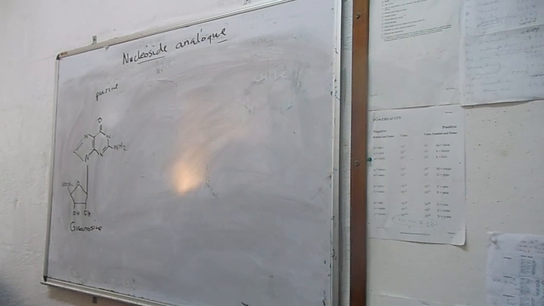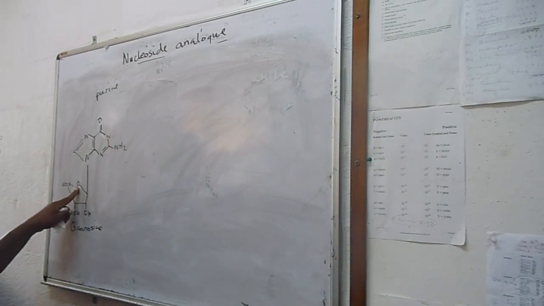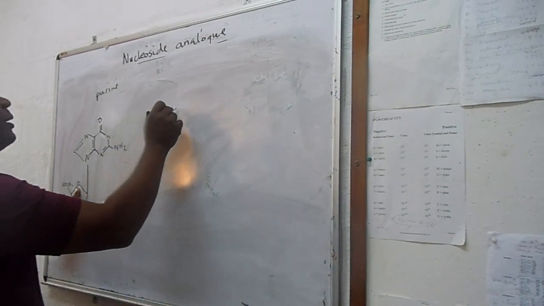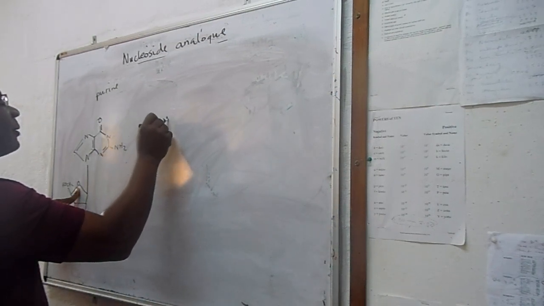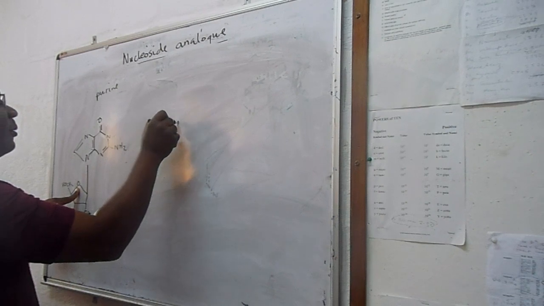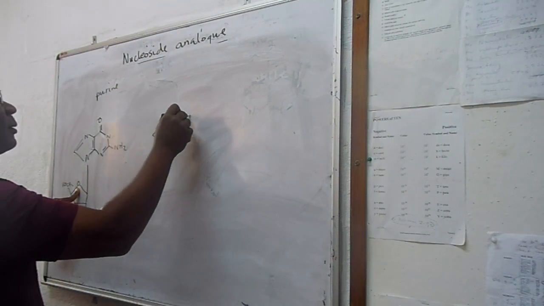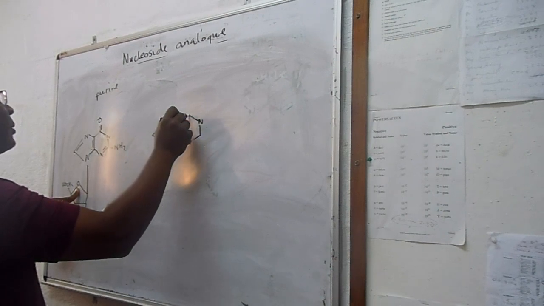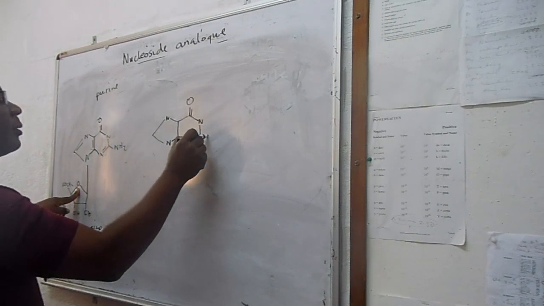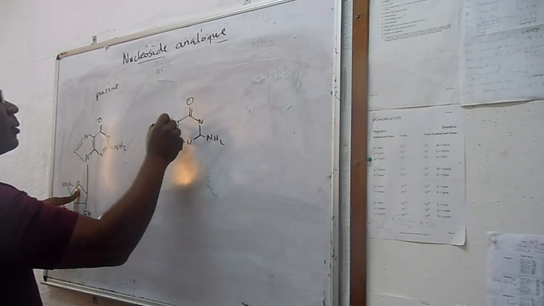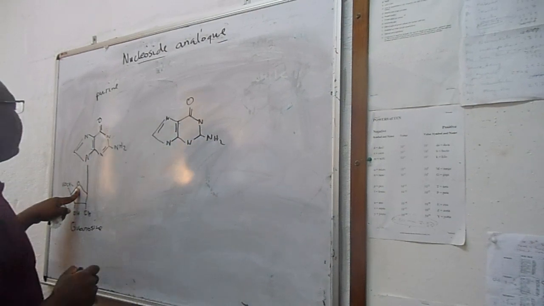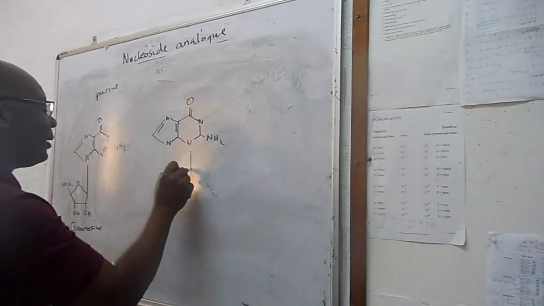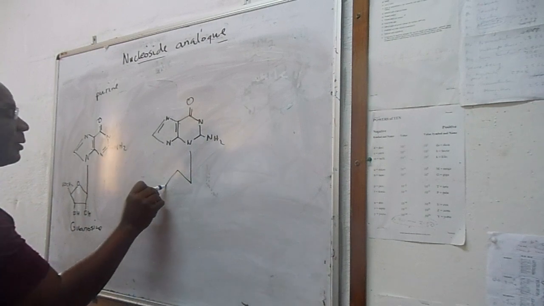So what we can do to the guanosine is to remove this oxygen. If we do that, we have carbon there.